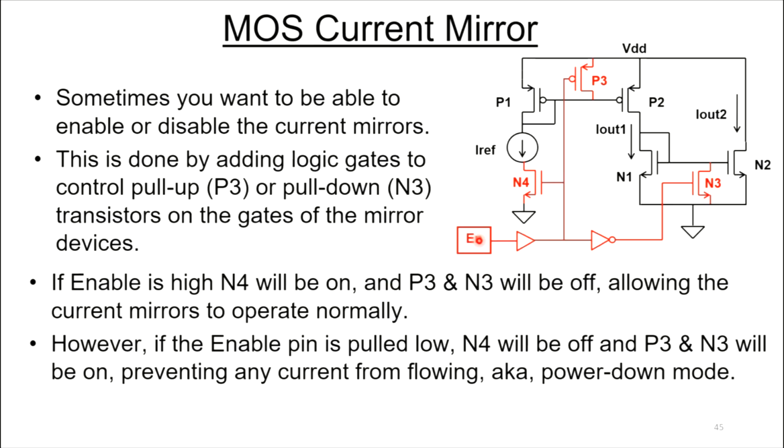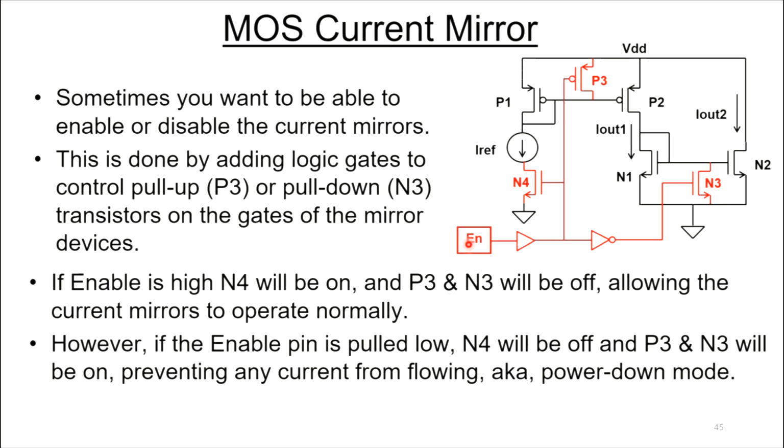So if this enable pin is pulled high, you can see that N4, this is a buffer, N4 is going to be on, and that lets this current flow like normal. P3 and N3 are going to be off, so they don't do anything, and this current mirror works like normal, just like we said before.